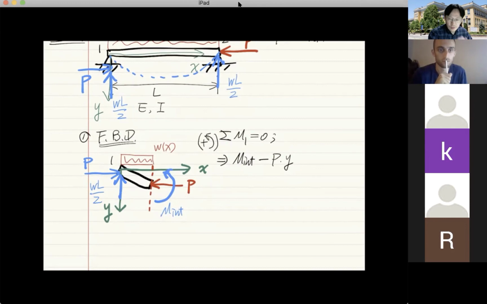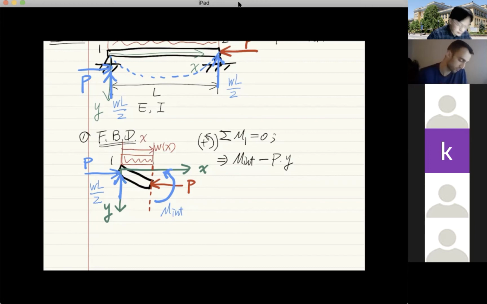Now, what about the cross-section when we cut it? This cross-section is at a distance of x from the end to this point here, denoted by x.